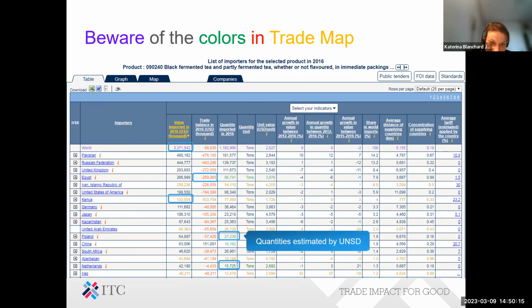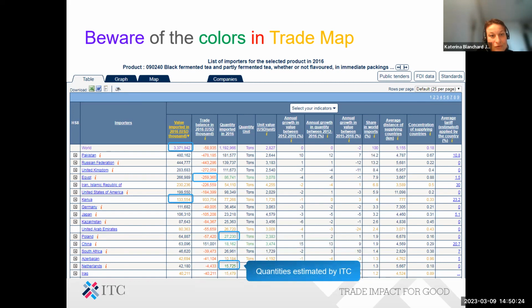We use one shade of green for the estimates by UN Statistical Division, and another shade of green for the estimates made by us. So it is very important to be aware of the use of color in trade map.